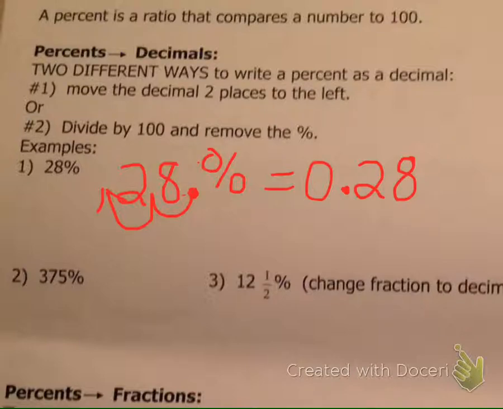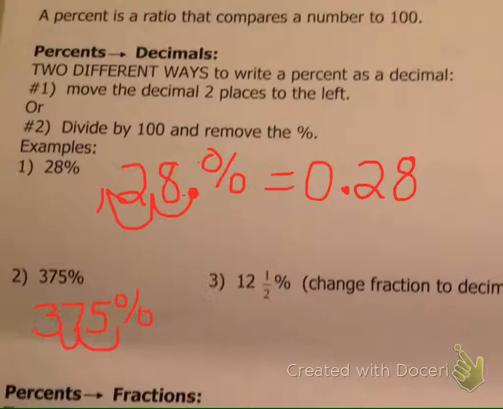Okay, 375%. You're going to take your decimal, which right now you don't have a decimal. It's right here. Okay, and you're going to move this decimal two places to the left.